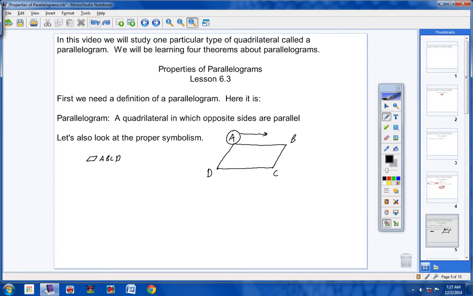So hopefully you understand that. So that's how you symbolize parallelograms. You could call this, put a little parallelogram symbol, then ABCD or BCDA or CDAB. I would not take off if you put ADCB or DCBA or DABC. I'm not really worried about that. I'm not hung up on that, but make sure you don't skip letters. Okay, I will take off points for that on a test or a quiz.